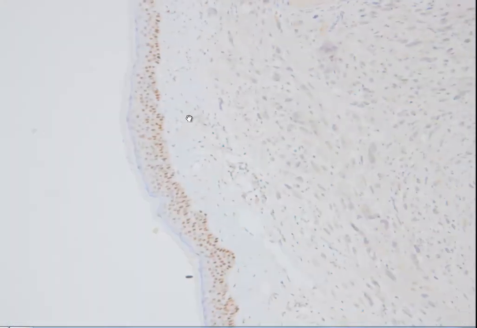Again, another marker for squamous cell differentiation is P63. P63 was negative in this case, with an internal control, as you see here.